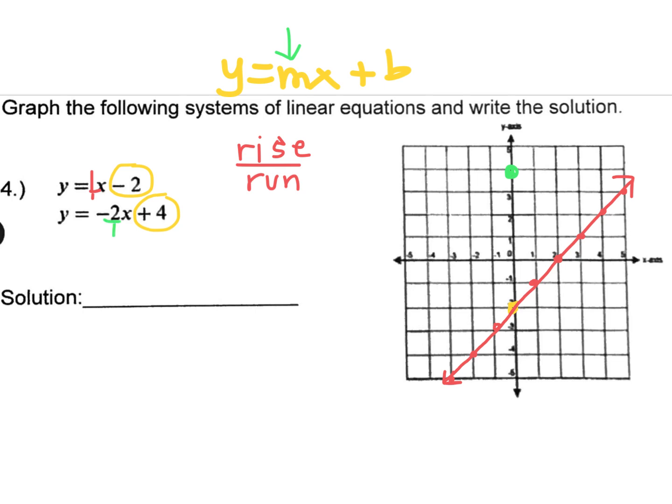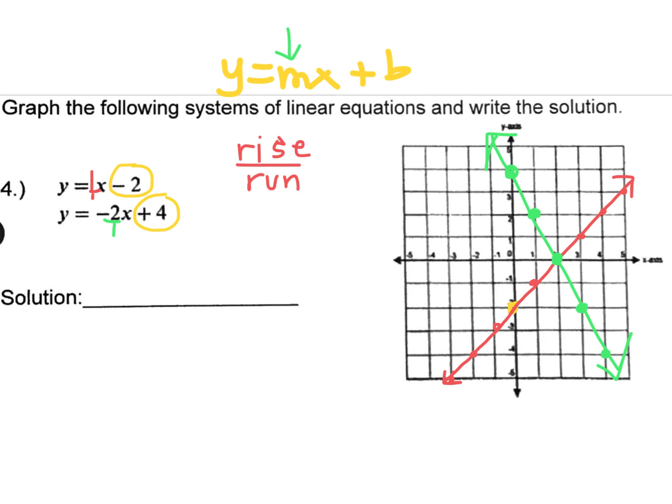I'm going to say the run is 1 because -2 is a whole number. So I'm going to go down 2, forward 1, down 2, forward 1, that's where it hits, down 2, forward 1, and then neatly connect. Okay, and then this line should be going down, decreasing because it's a negative slope.